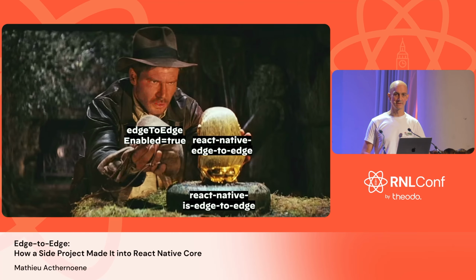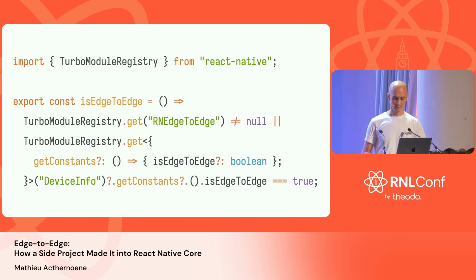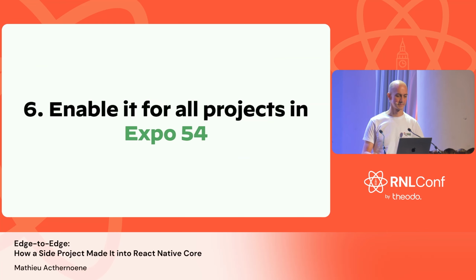And at this stage, we had to switch from React Native edge-to-edge to this new Gradle property while minimizing the change required in your code base. So I just updated React Native edge-to-edge so that it supports both the package and the new built-in React Native method.